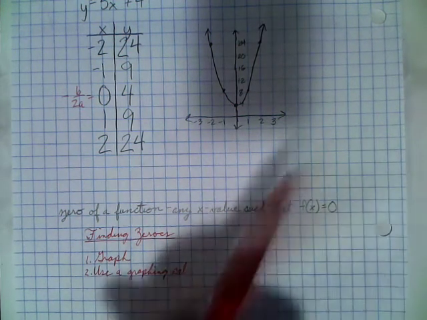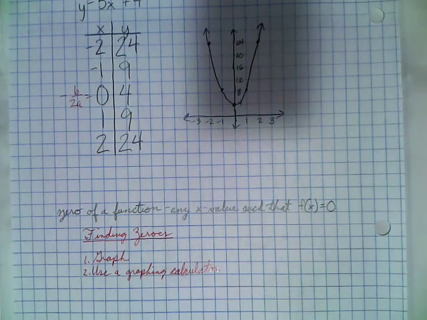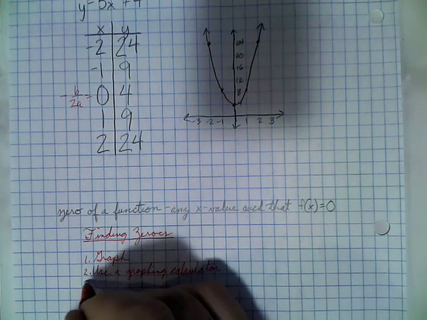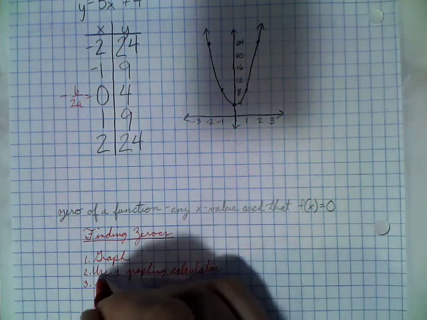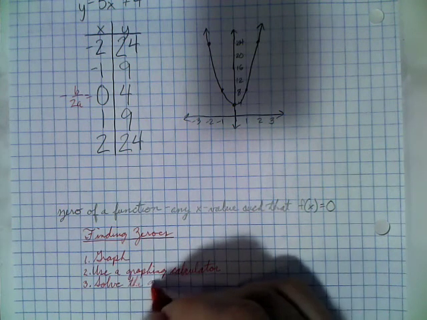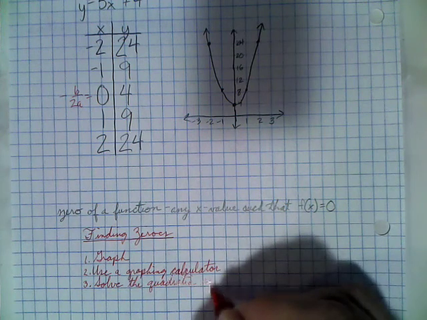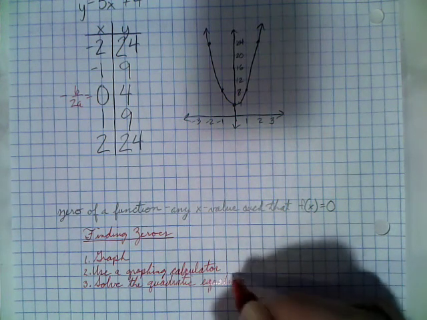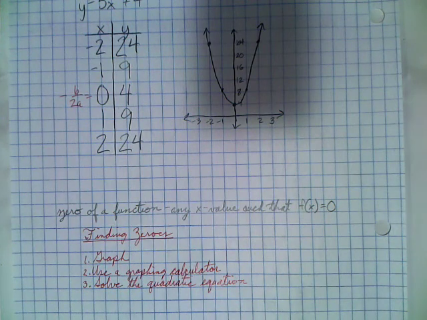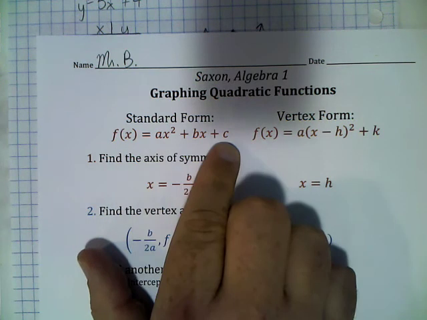So your calculators actually have an option where you can find the zeros on the graph. You can find those values. And then 3, you can solve the quadratic equation. And so remember that a quadratic function is of this form.